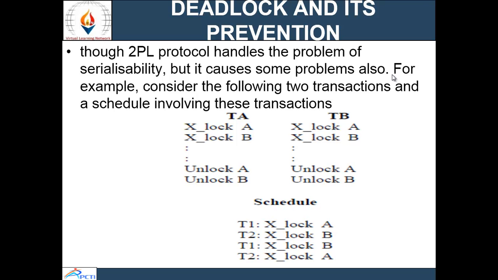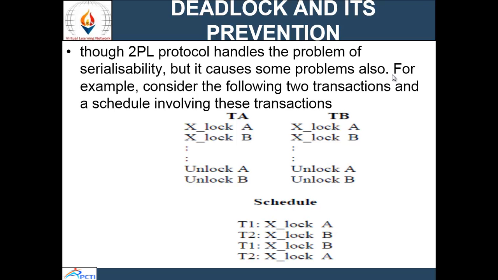We see the two-phase locking. That means it works in two phases. In the first phase we acquire the locks, and in the second phase we release the locks. But there are some limitations of two-phase locking. That is, two-phase locking is not free from deadlock, or two-phase locking results in deadlock. Two-phase locking is not free from the starvation problem.